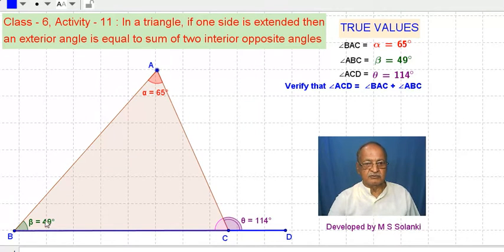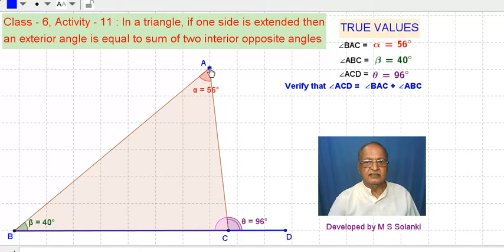This was the first initial position. So take one reading. Another position we are bringing here. Now you see this, note down these values, 40 degrees, 56 degrees, and get their sum. It is equal to 96 degrees.